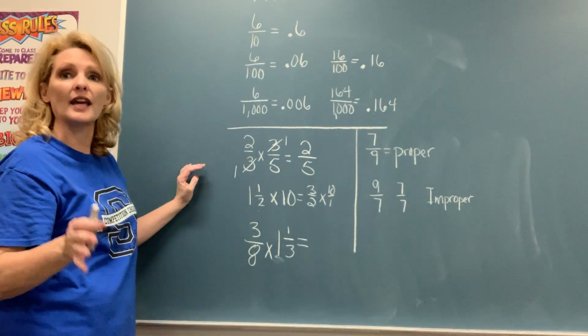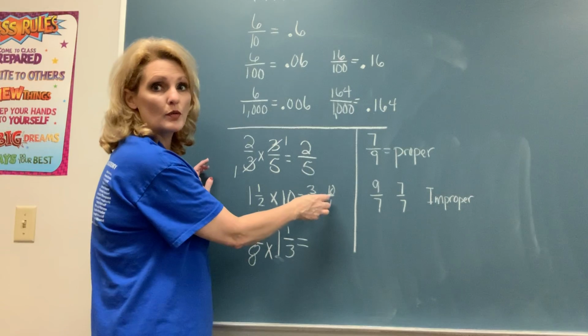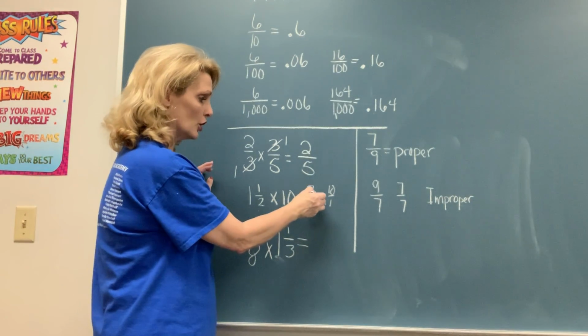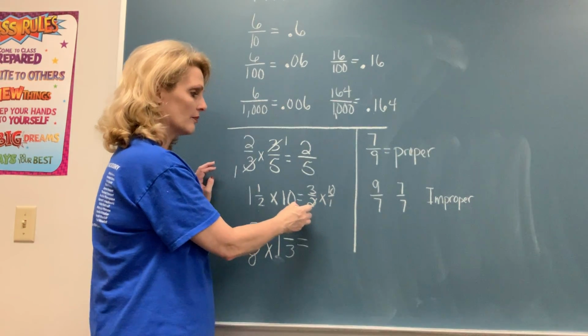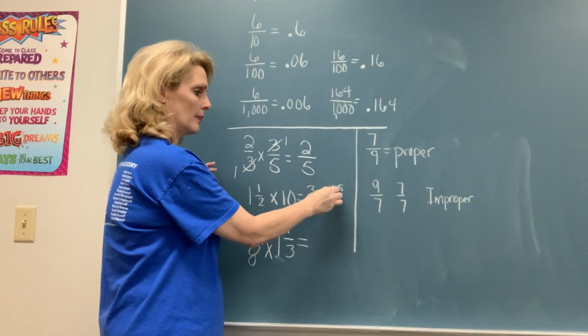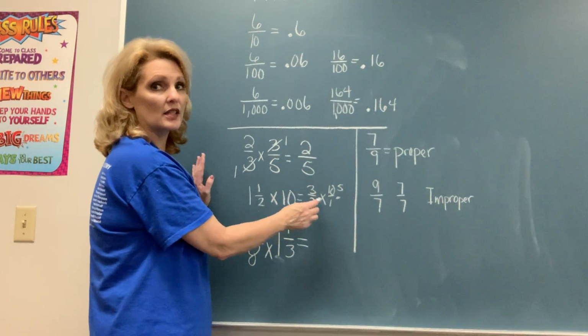Now this is where you say, can I cancel out? Can 2 go into 10? Yes, it can. So we will say 2 divided by 2 will go 1 time, and then 2 will go into 10 5 times. Then you cannot cancel out the 3 and the 1. It's as low as it can go.